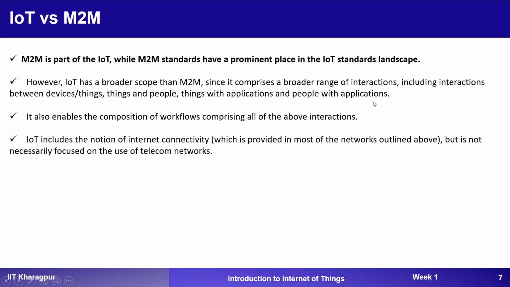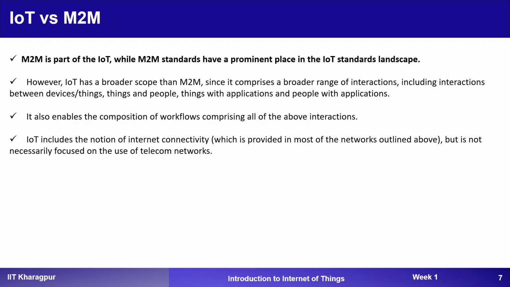IoT includes the notion of internet connectivity, but is not necessarily focused on the use of telecom networks. In case of M2M, only telecom networks are associated. However, in case of IoT, it is not necessary that we use only telecom networks. There are various other technologies also which are used in your IoT network.